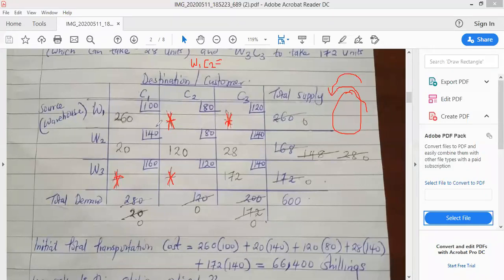Take note, I'm computing the shadow prices for the empty cells, but I'll be using, number one, the unit price for the empty cell that I am computing its shadow price for, and I'll be stepping on any other stone whose cell is actually filled in.